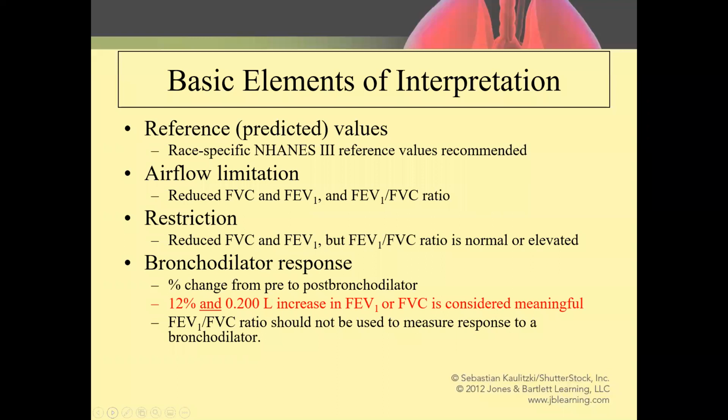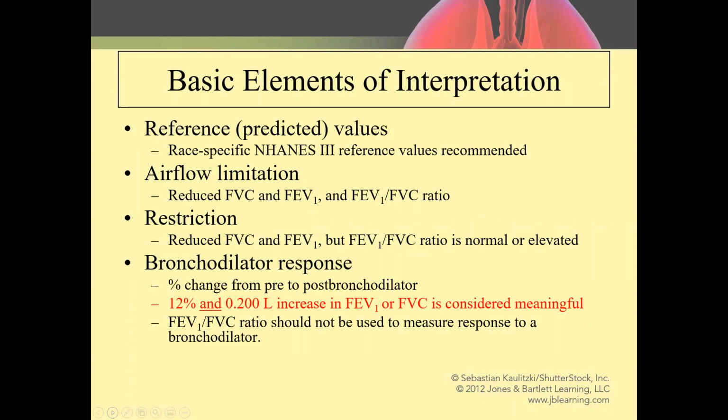Interpretation, so you're looking at your reference and your predicted values, your race-specific values, and they have the NHANES III reference values recommended. Airflow limitation is where you have a reduced forced vital capacity and FEV1. In one of my other presentations, we look at some case studies where we take this out of the abstract and look at some cases where this happens.